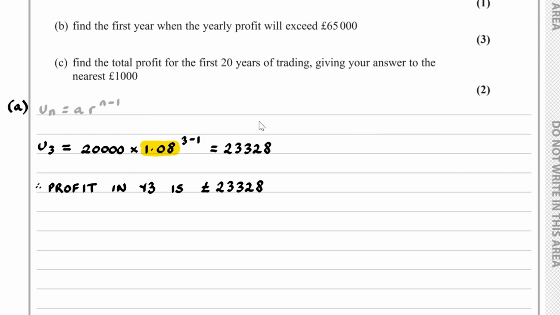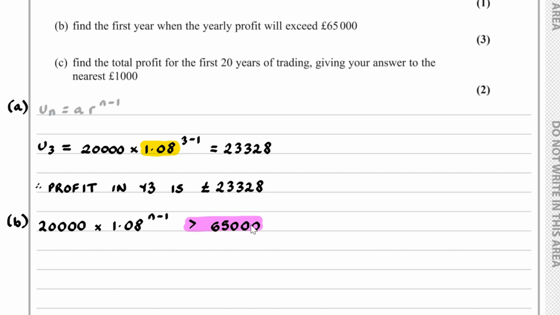For part B, we have to find the first year when the yearly profit will exceed 65,000. Well, if we use our geometric sequence for part B, we've got 20,000 multiplied by 1.08 to the power of n minus 1 using this. And we are looking for the year in which the yearly profit will exceed 65,000. So this result is greater than 65,000.